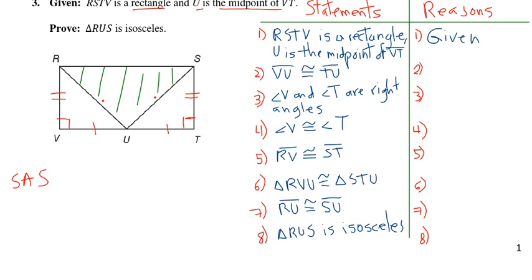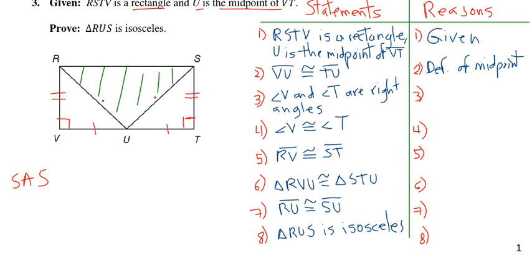And then we have BU congruent to TU. That's because we have a midpoint, so that's the definition of midpoint. Or you could write down the definition of a midpoint.